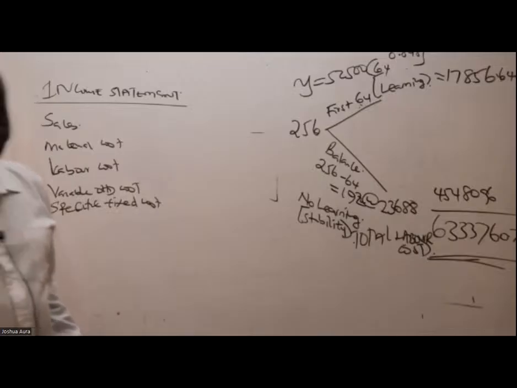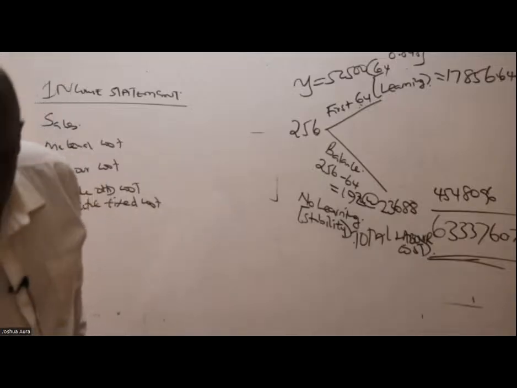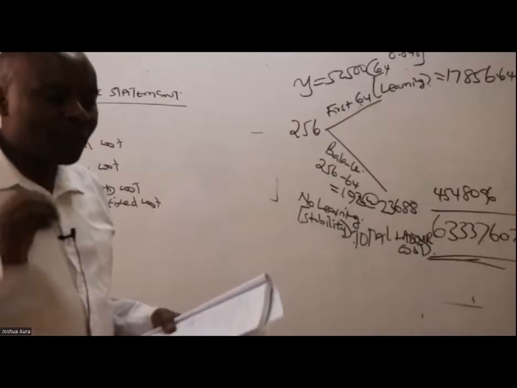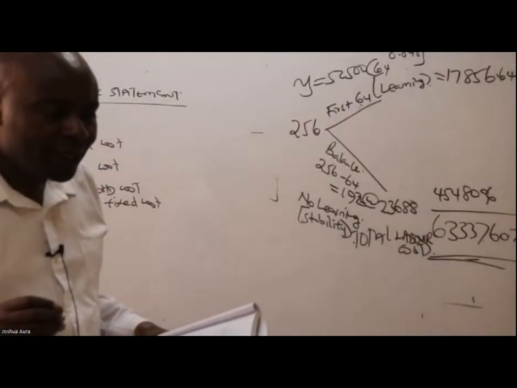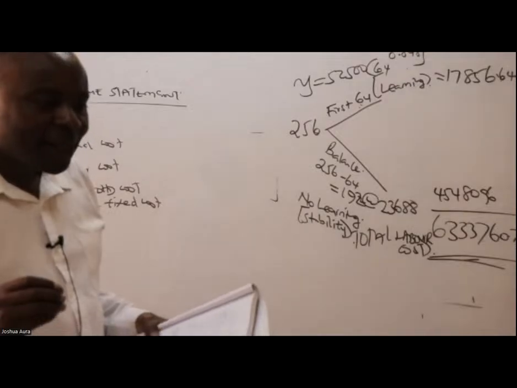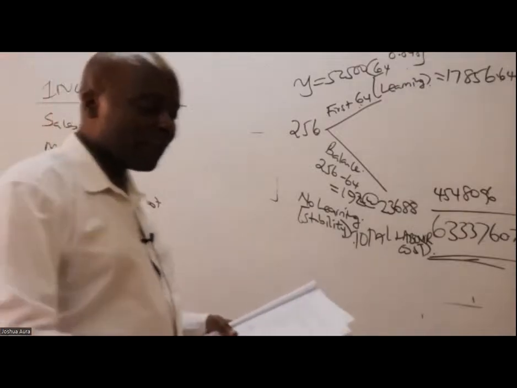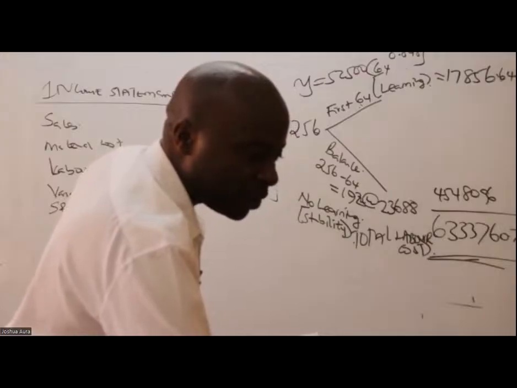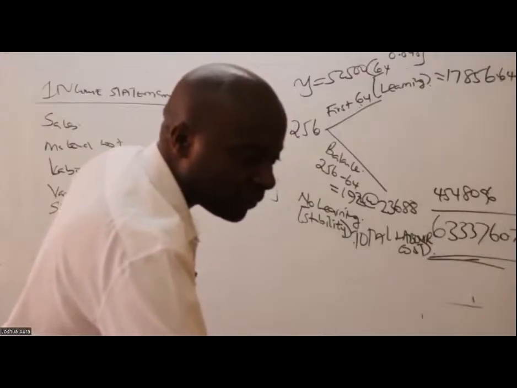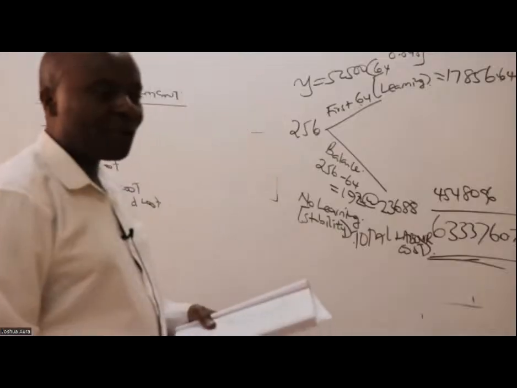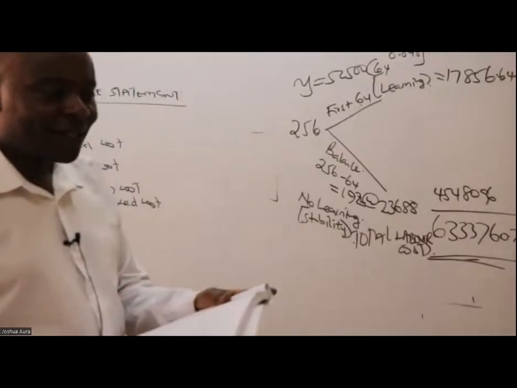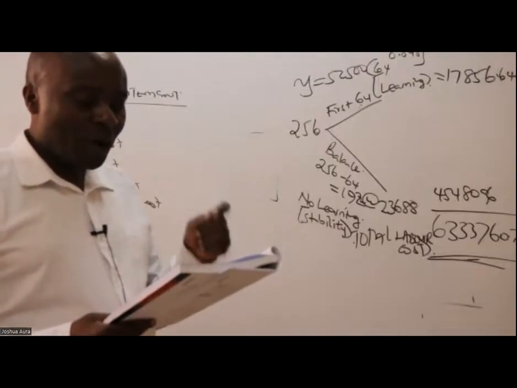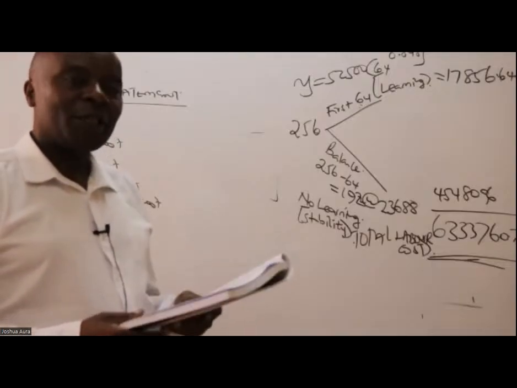Because you see, the selling price given there is 123, and they have expressly told us that the selling price is per what here?